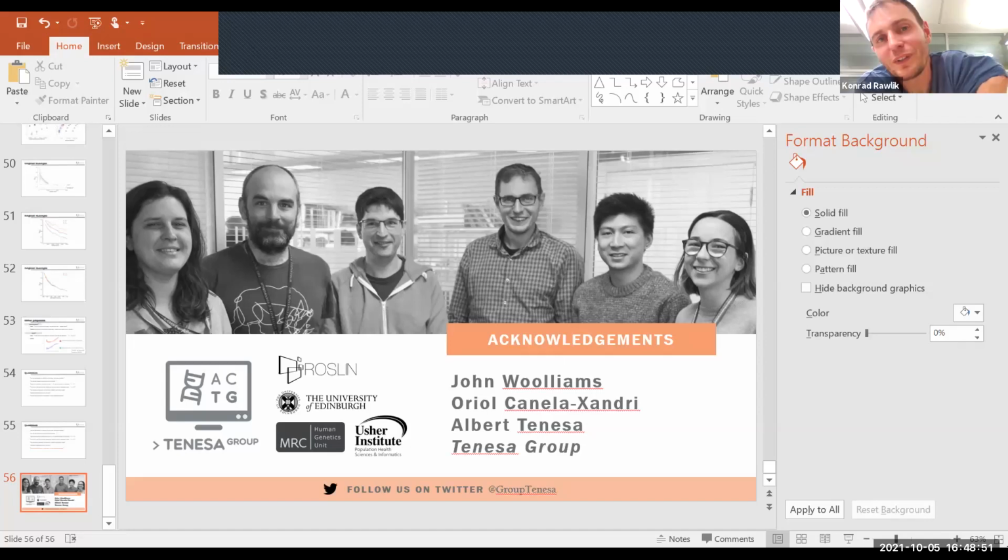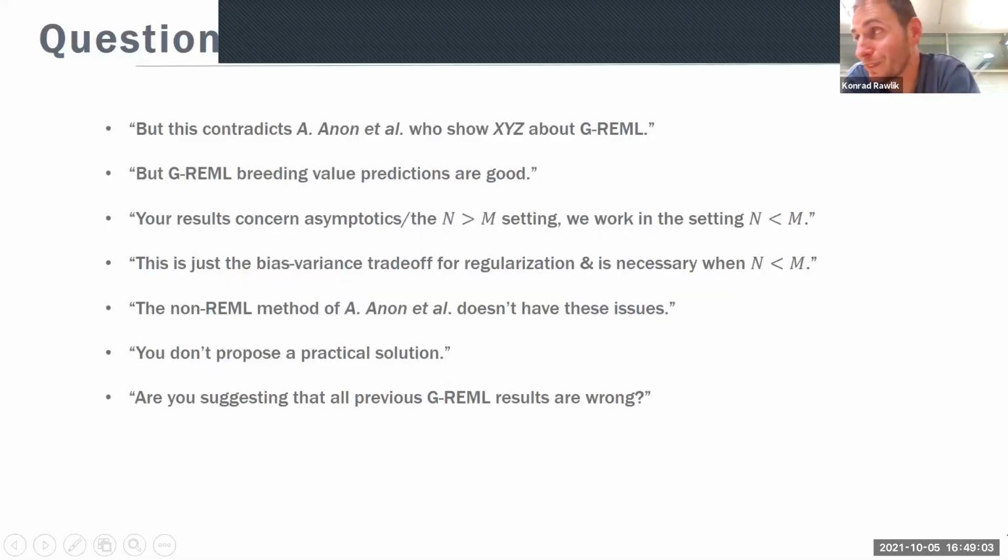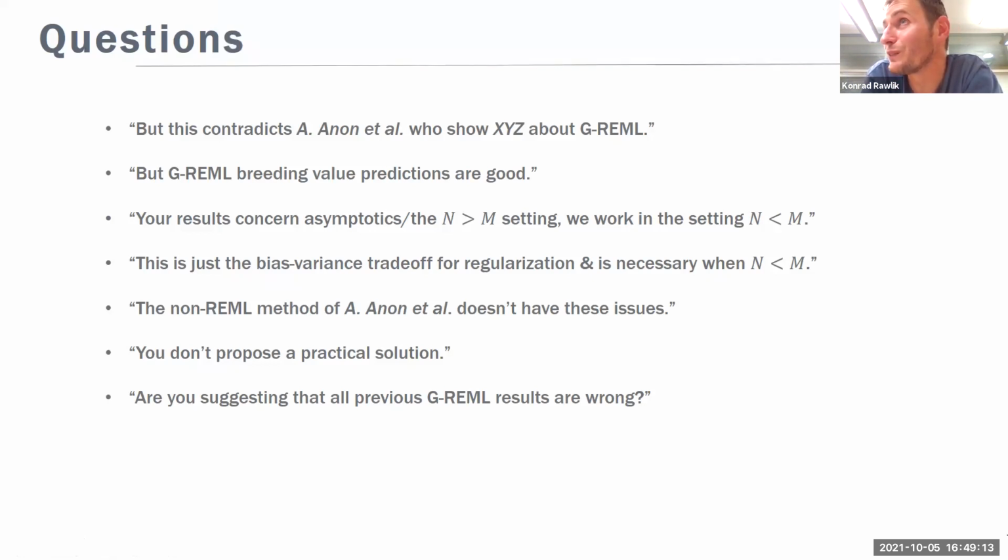Okay, so as I said, I do not propose a practical solution. The LD structured G-REMLs are nice in theory. In practice, to estimate the LD matrix, you need to invert it.